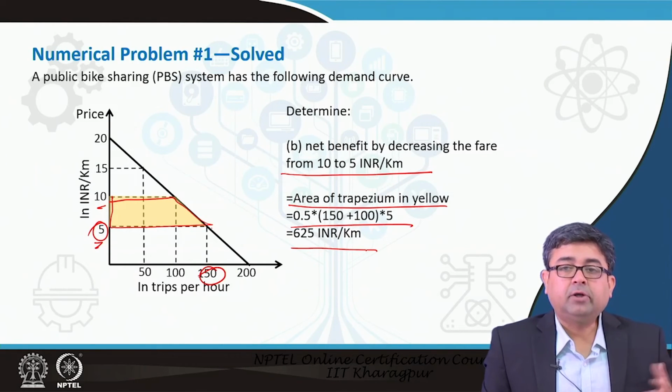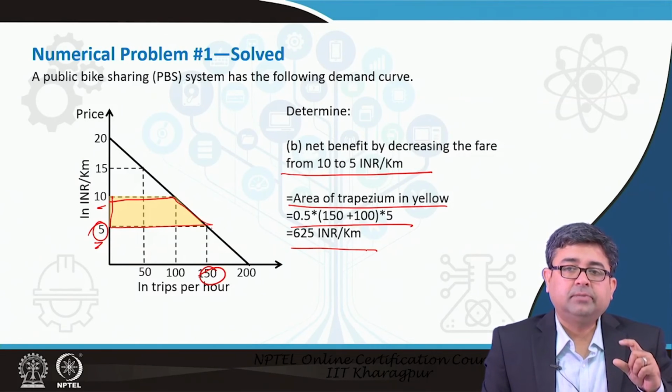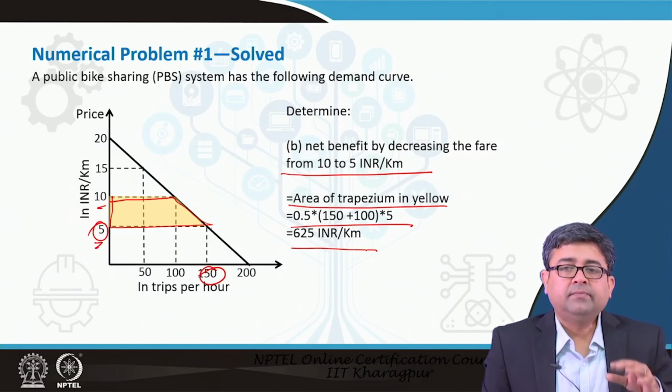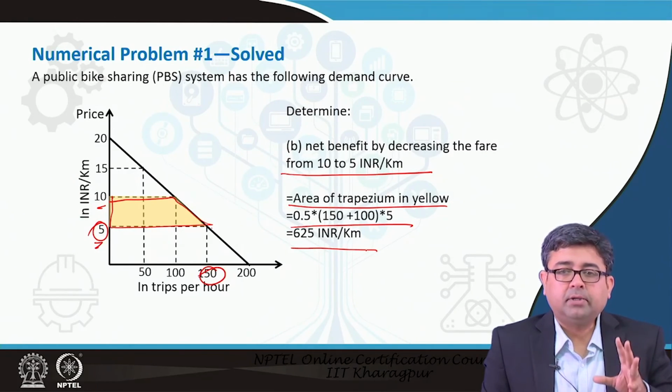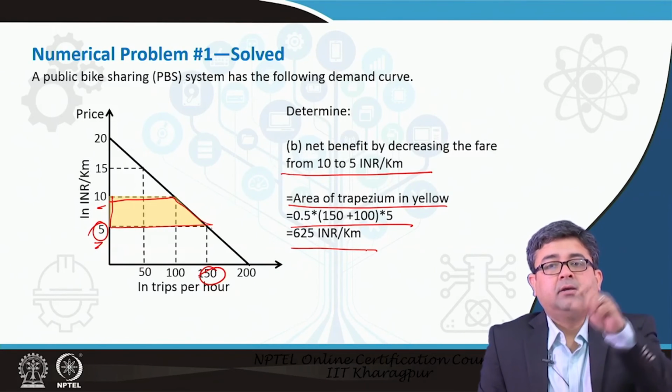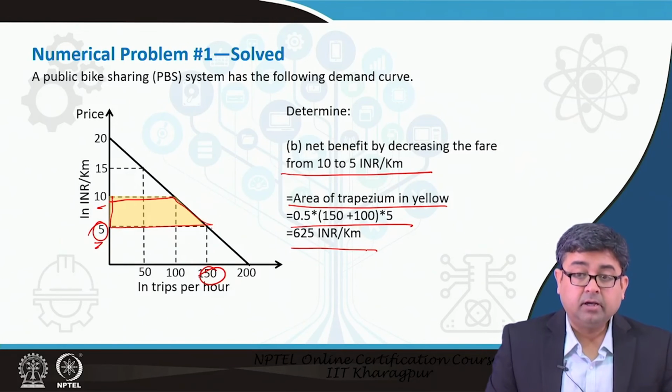Net benefit also includes all the costs usually associated with construction, maintenance and operating. Usually we think that by reducing the price, we may not be able to cover operating or maintenance costs, but if you calculate it properly, you are actually benefiting more, and that benefit can be put back into the maintenance and operating costs.